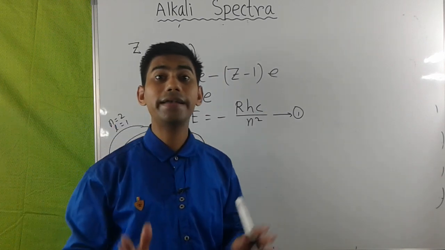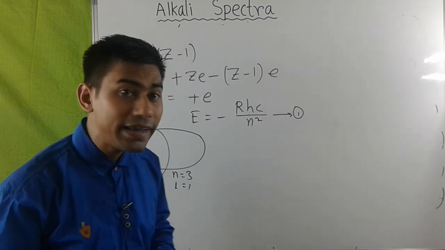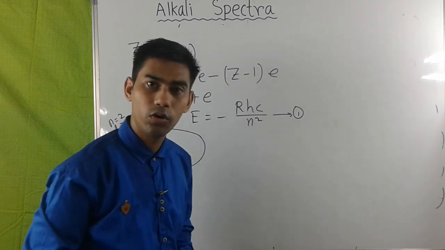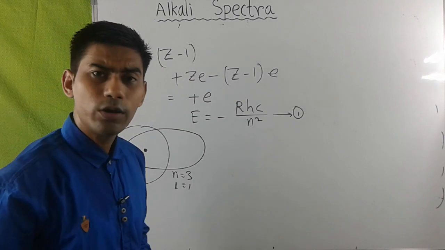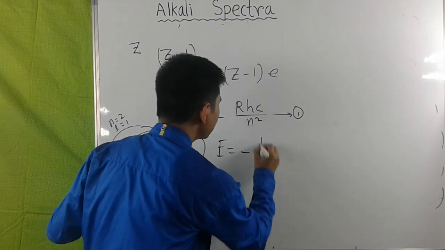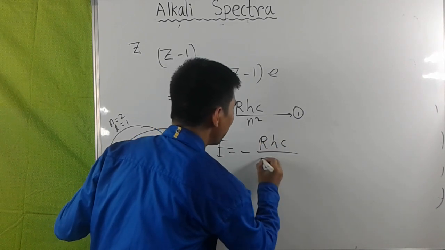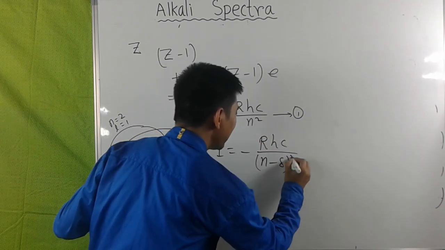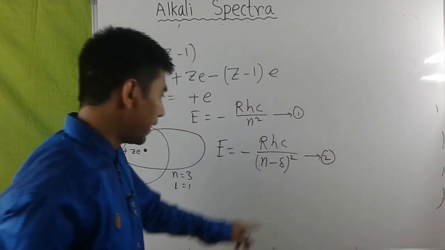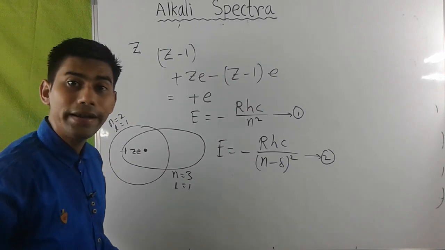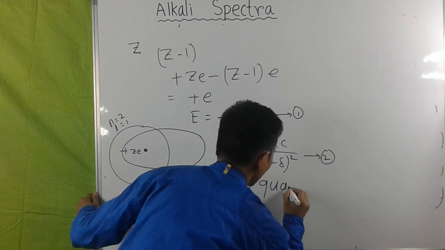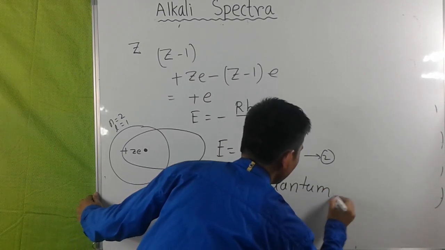The same effect is obtained by subtracting a suitable number delta from n in equation 1. So now equation 1 is modified as E equals minus RHc by (n minus delta) square. Suppose this is equation 2. The number delta is called the quantum defect.